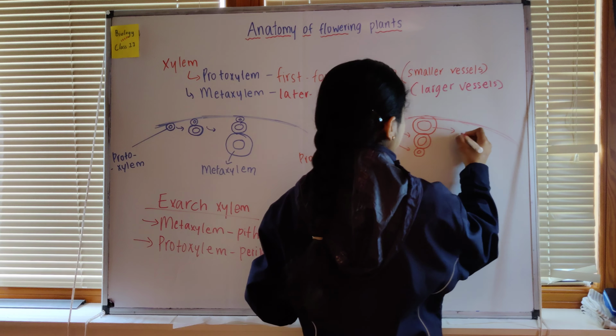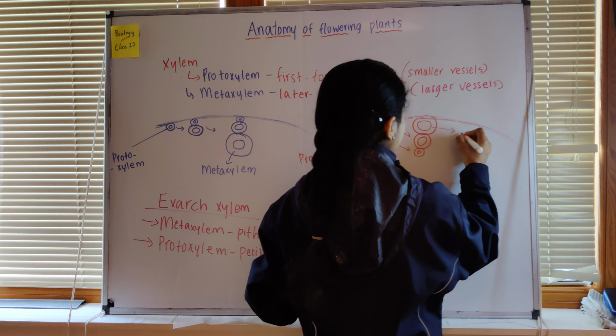Xylem is divided into 2 categories, protoxylem and metaxylem. Protoxylem is the first formed xylem which consists of smaller vessels. Metaxylem is later formed xylem and it consists of larger vessels. In Exarch xylem, the metaxylem is towards the pith and protoxylem is towards the periphery, because newer vessels are being formed in the downward direction.